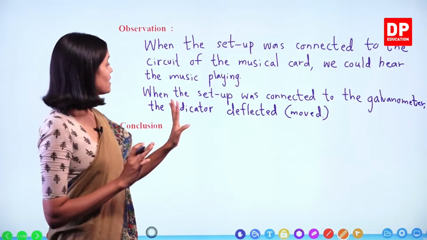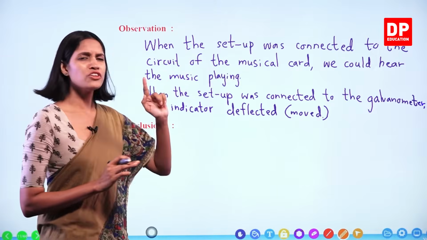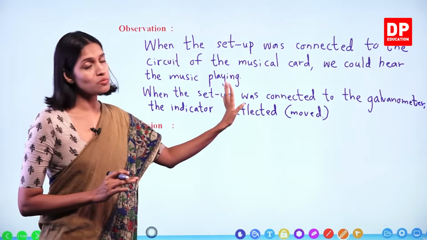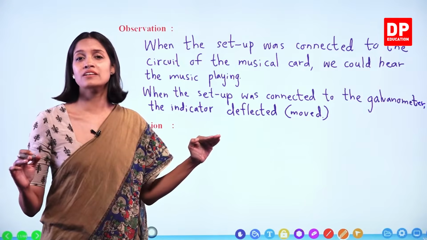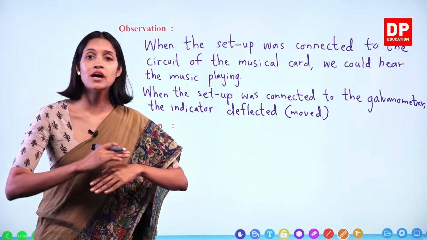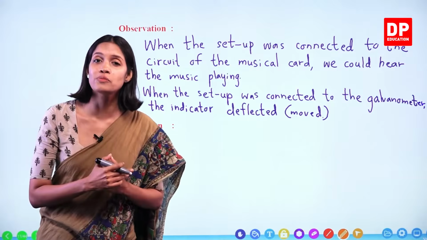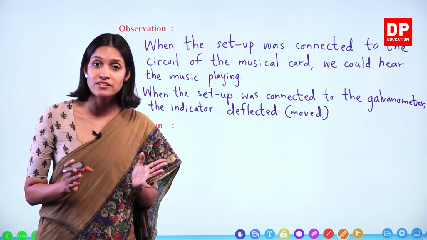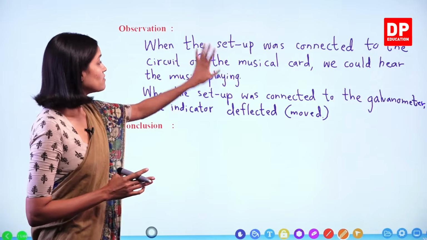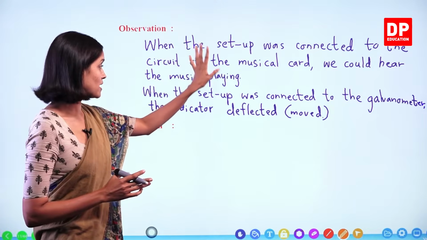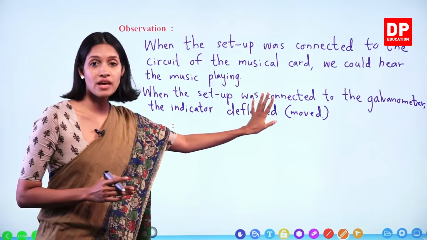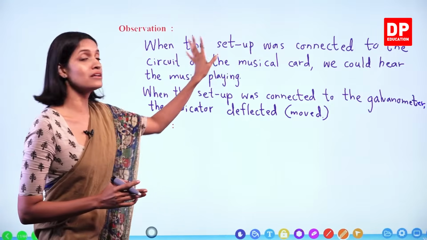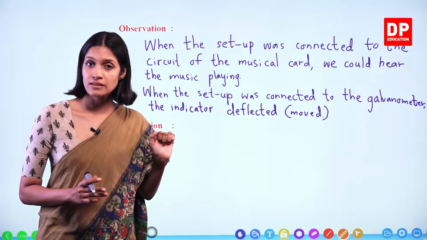And at the same time I told you, the galvanometer indicator moves only if electricity passes through it. Without electricity passing through the galvanometer, it will never deflect the indicator. So we could observe the music was playing and deflection of the galvanometer, which means electricity flows through the circuit in both the instances.